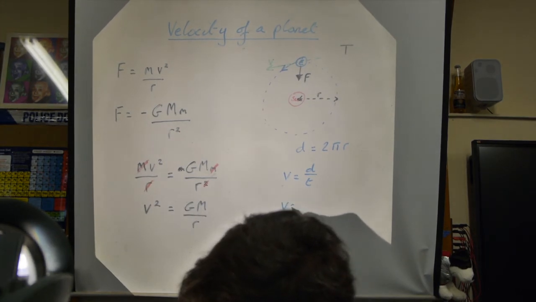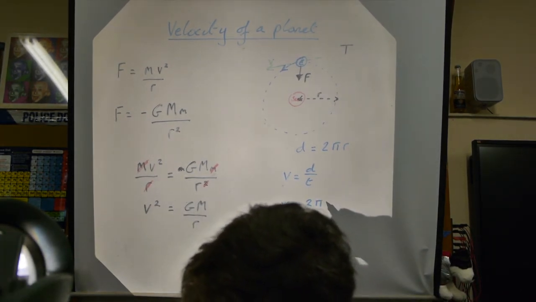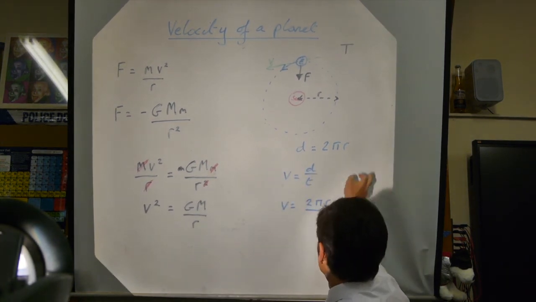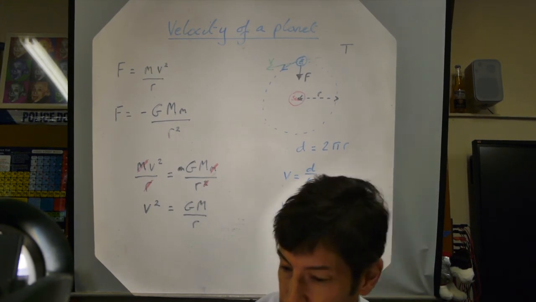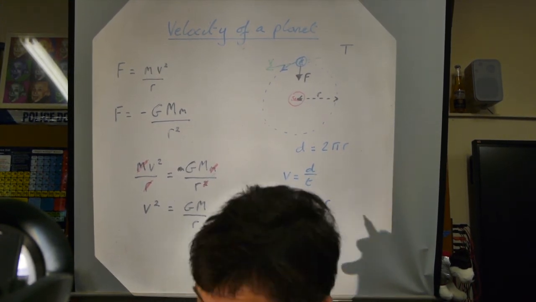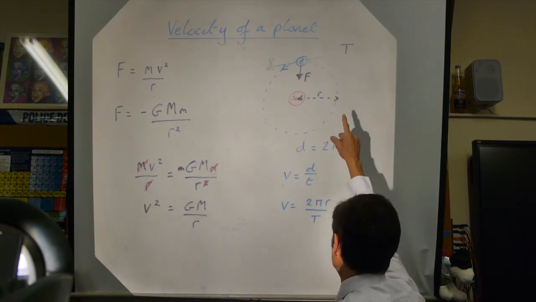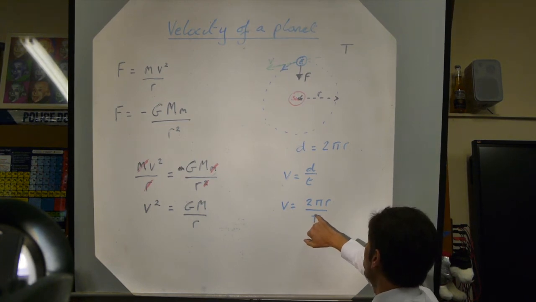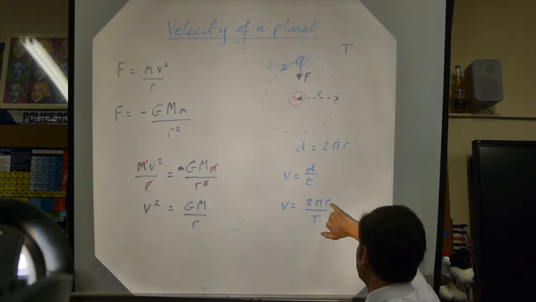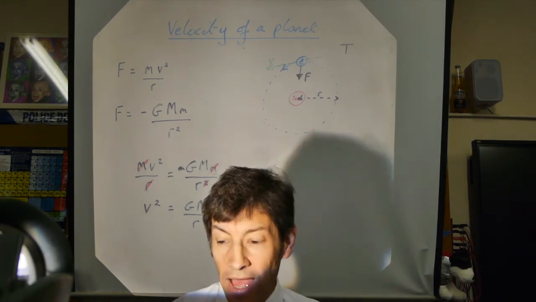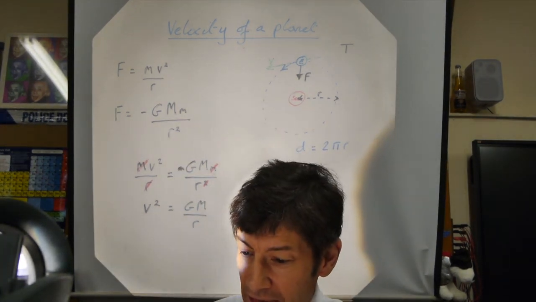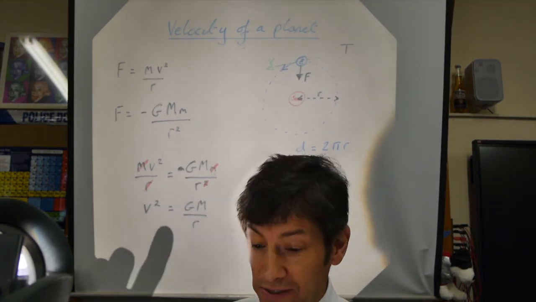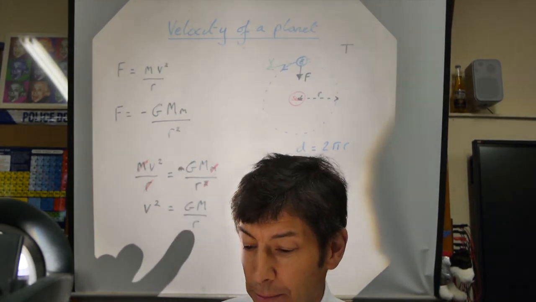So the speed will be the distance 2 pi r divided by the time. Well, that was the year, wasn't it? Going around, so that's the time period. So the speed a planet will go round the sun really depends upon its time period, so how fast or slowly it's going around and how far away it is from the sun. Now we can use that in this equation because we've got v squared is equal to GM upon r.